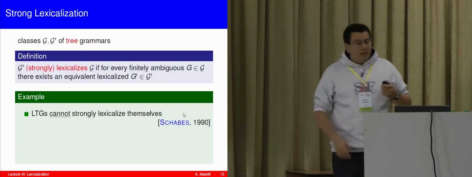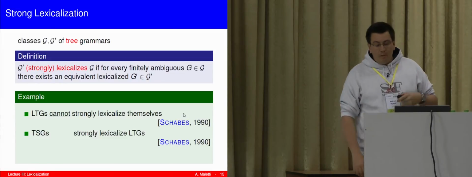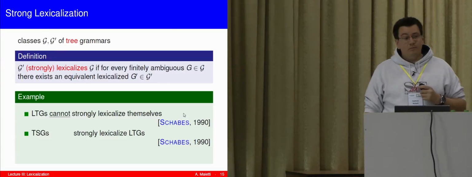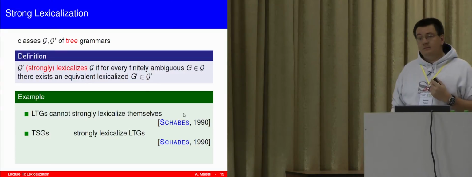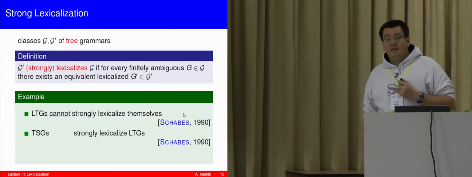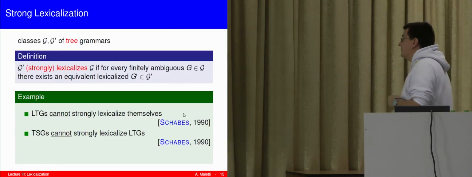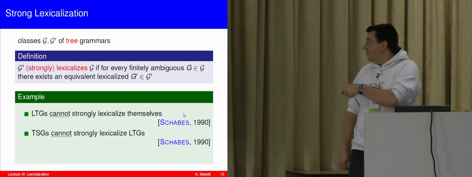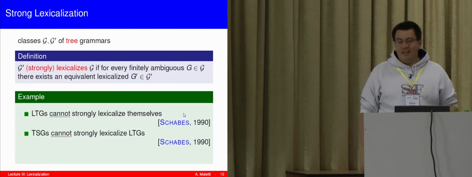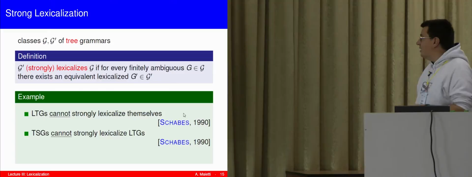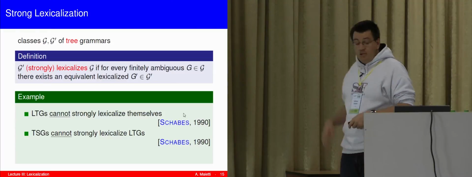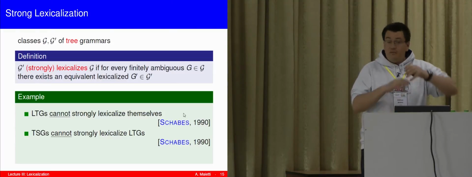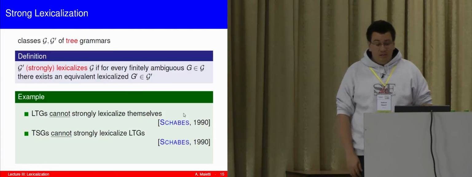Now you might say, okay, it cannot be done with the local ones. Maybe it can be done with the tree substitution grammars. Any thoughts on that? No, it cannot. It's a good idea, but it can also not be done with tree substitution grammars. This is actually what he proved, and it's a bit more difficult than the local tree grammars. Just having big fragments doesn't help you at all.